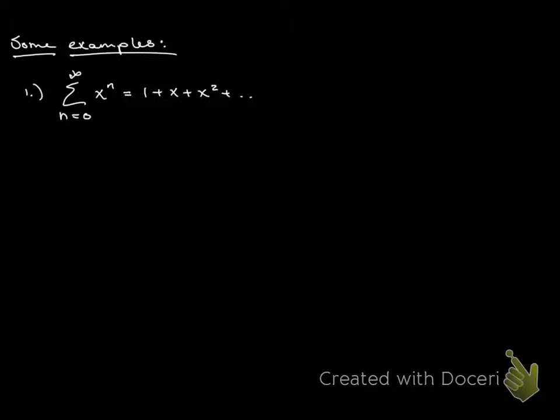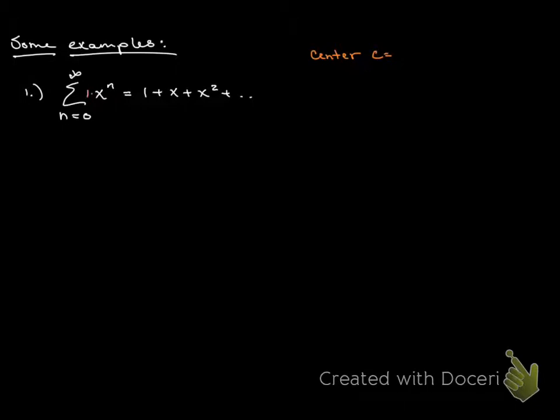If I go back to our most general example, notice that my a sub n here is just a hidden 1. There's no extra constants coming into play here. This is just the power series from 0 to infinity of x to the n. So I'm adding powers of x to one another. First, let's pick out the center.